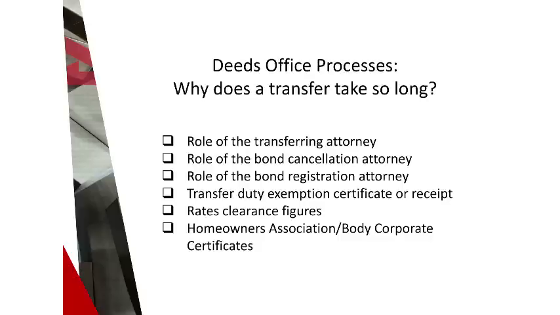Okay, then we have to get the transfer duty receipt from SARS. This is usually straightforward, but I have come across instances, especially with agricultural land where there's mining activities and the parties sell property for a nominal value because they don't want the land, they want the mine.